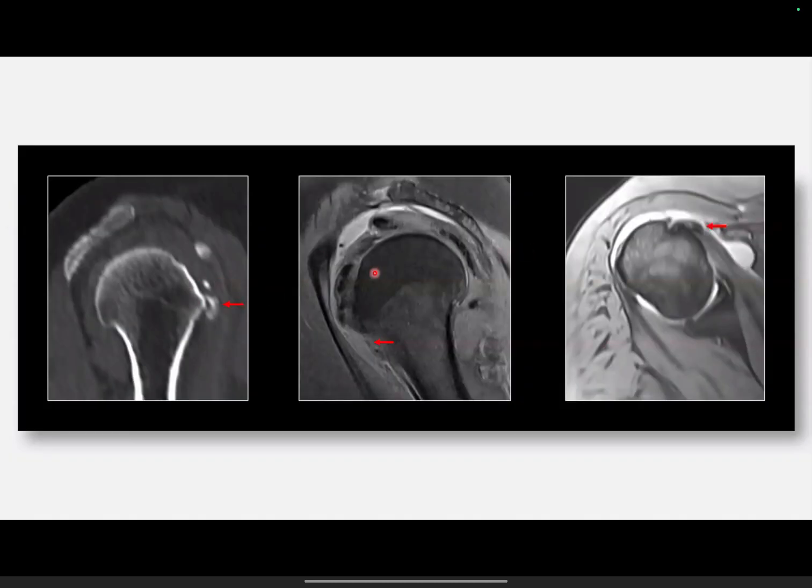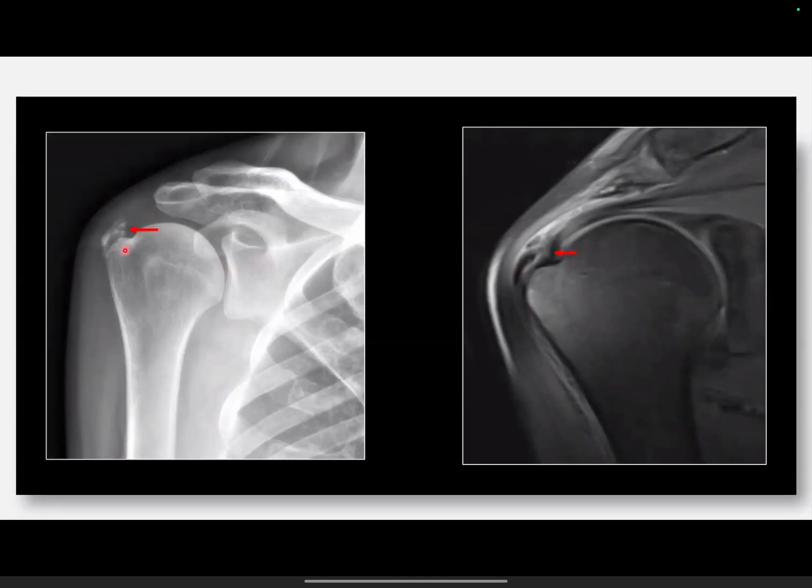In the next example you can see calcific foci in the anterior fibers of the subscapularis tendon, with significant bursal and soft tissue inflammation, and GRE also confirms the susceptibility artifact in the subscapularis tendon. So basically this is acute calcific peritendinitis of the subscapularis tendon.